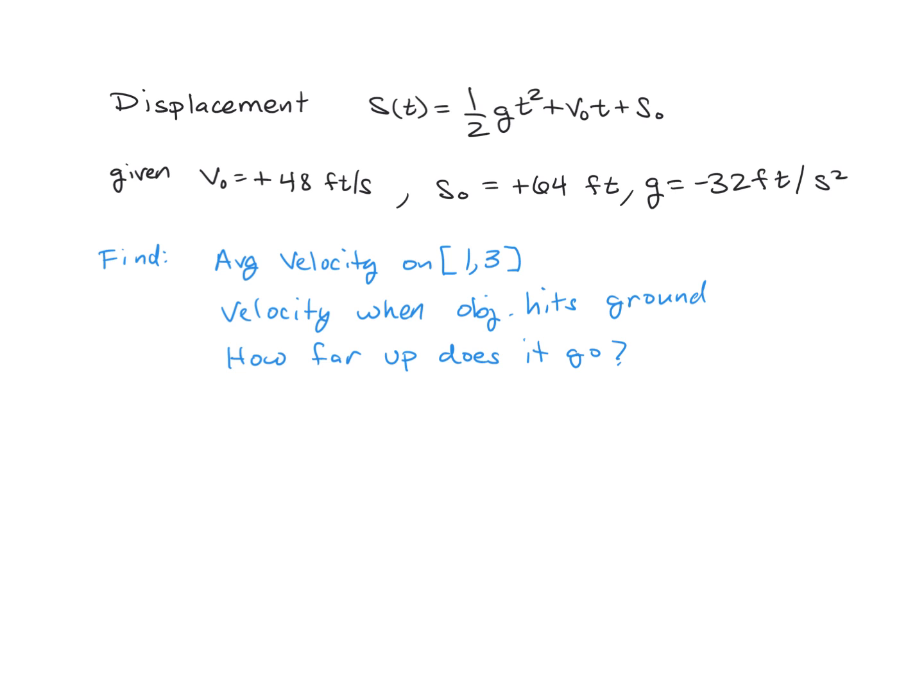That's either going to be positive if we're spiking or throwing an object upwards, or it's going to be negative if we are launching the object down towards the ground. And s0 is the initial height above the ground.